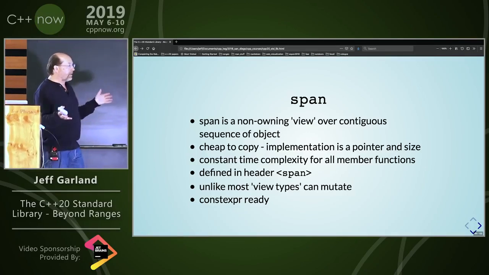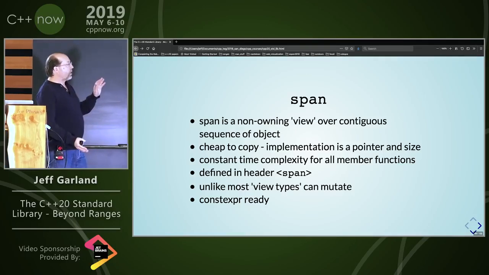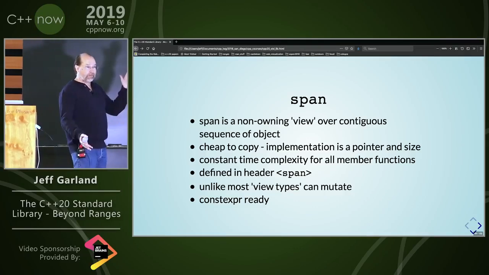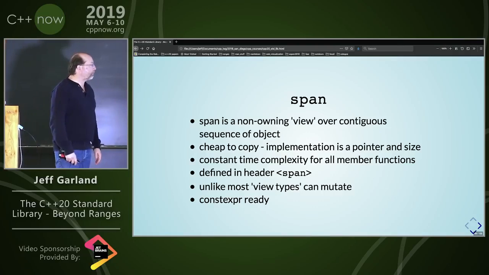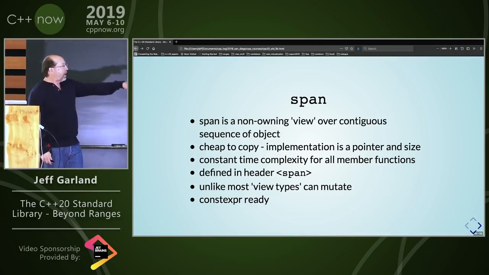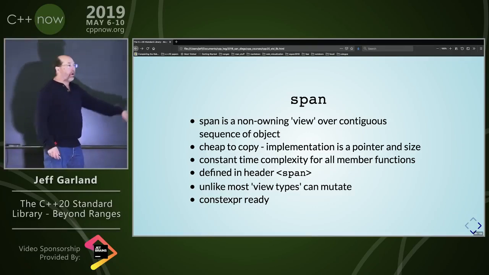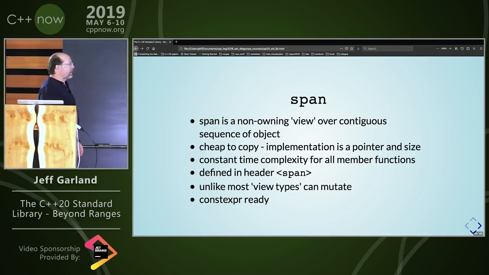So yes, this is another assumption that you've got contiguous storage as your underlying thing, so it's going to work with collection types that are of contiguous memory or contiguous storage. This is also constexpr ready, so you can use this at constexpr time.